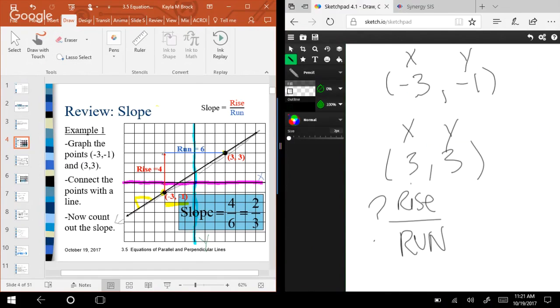Then you count up for your rise: 1, 2, 3, 4 is the rise, and you put that in the numerator. Then you run. You always run to the right. So you start here and you go 1, 2, 3, 4, 5, 6. My run is 6. You can simplify that to 2 over 3.